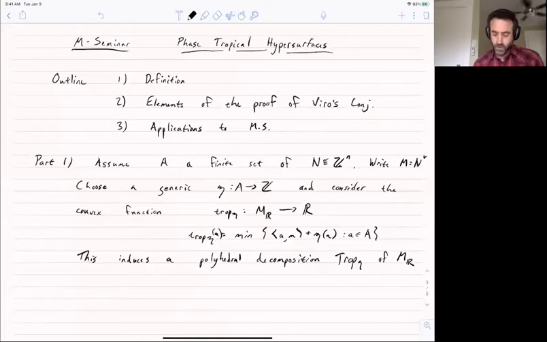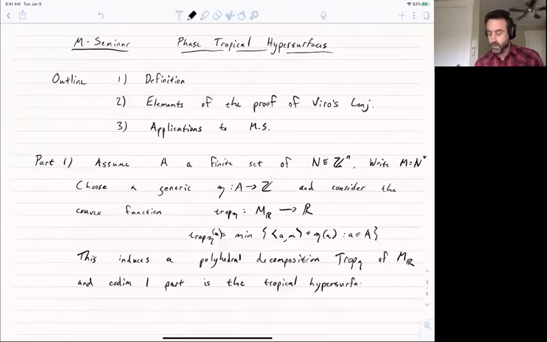The codimension one part of this is the tropical variety, or tropical hypersurface, defined by eta. General background.